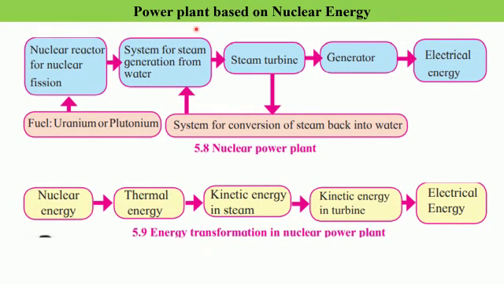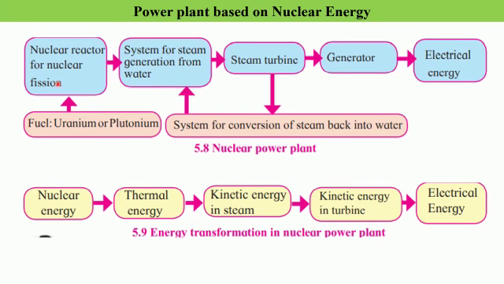The next type of power generating station that we are going to study is that which is making use of nuclear energy. So power plant based on nuclear energy. Here we are going to make use of nuclear energy that is obtained by the fission, that is breaking of nuclei of atoms like uranium or plutonium.